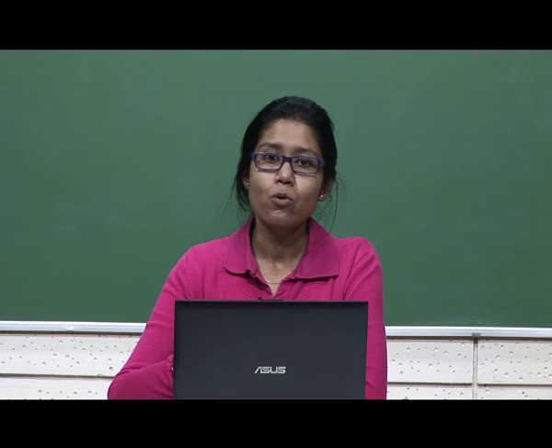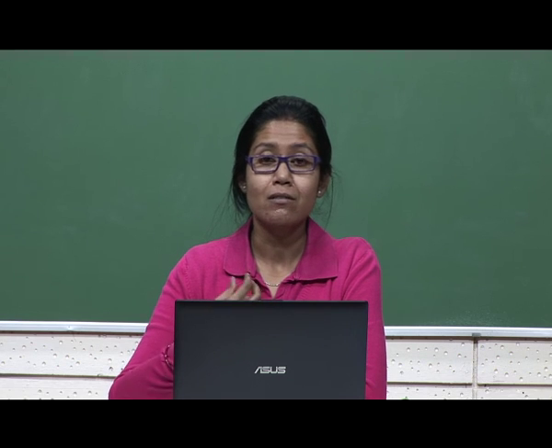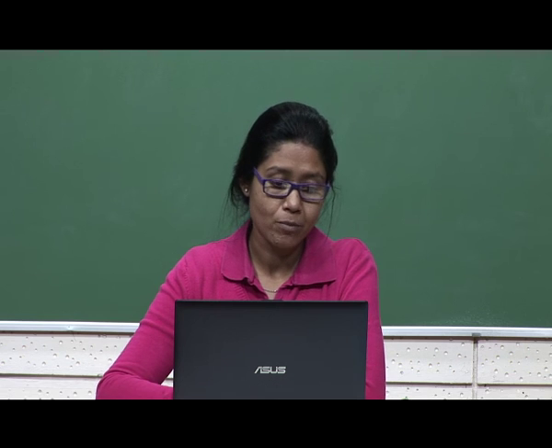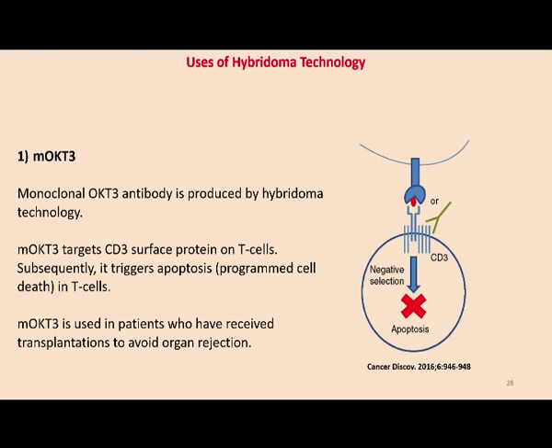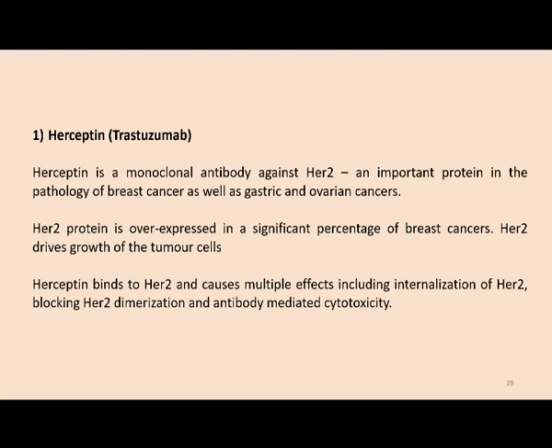So, in order to avoid that organ being rejected by the patient's body, by the patient's own immune system, you would require to suppress that immune system, and this monoclonal antibody OKT3 is used in such patients to avoid organ rejection.